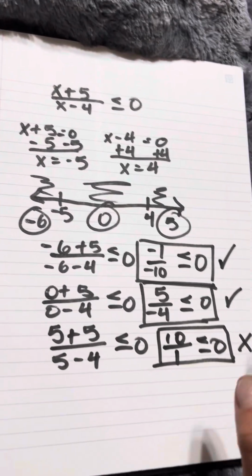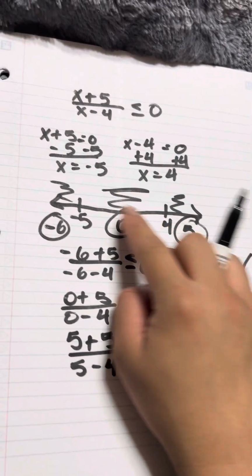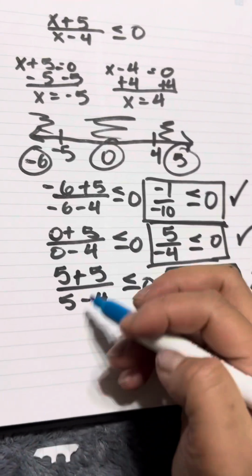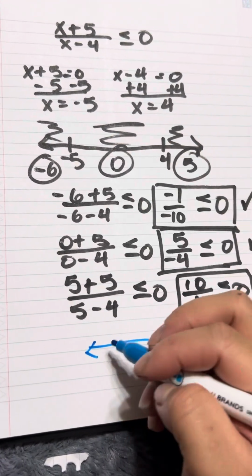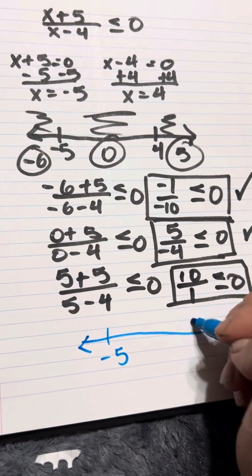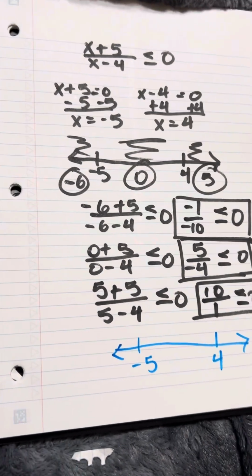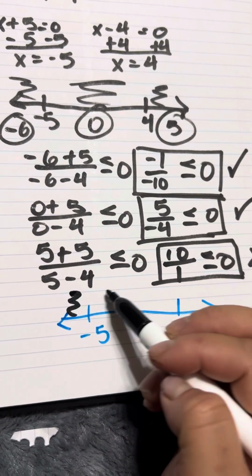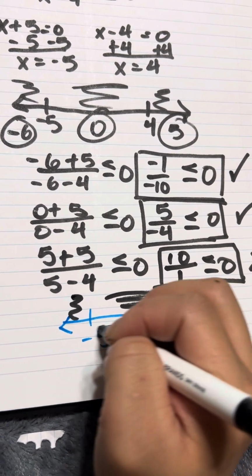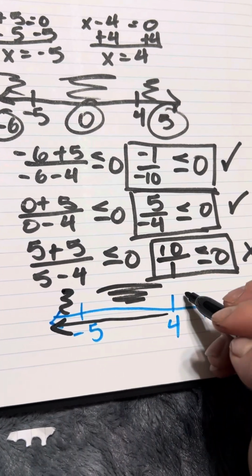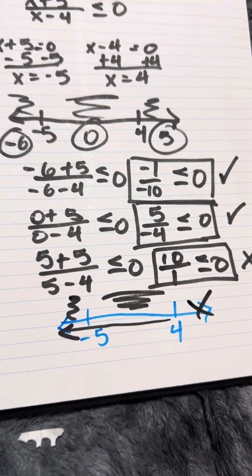So now that we know where our regions are, I'm going to redraw this line so that it's a little more visible. So -5, 4. So that means our regions are these right here. So we know our line is just going to go this way. All these other values are not true, so we don't have to worry about that.